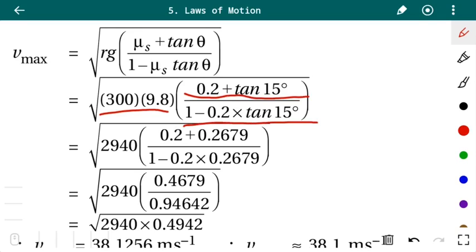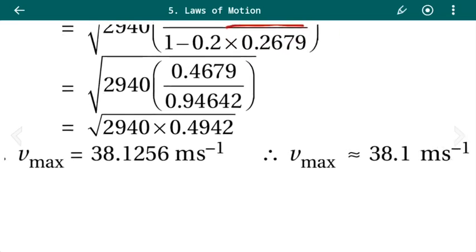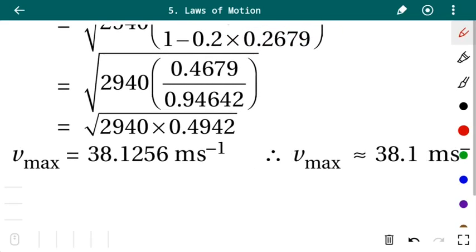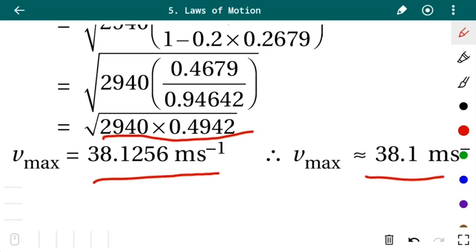The value of tan 15 degree is 0.2679. When we calculate this, we get under root of 2940 into 0.4942. So its value is 38.1256 meter per second. When we round it off, we can write it as 38.1 meter per second.